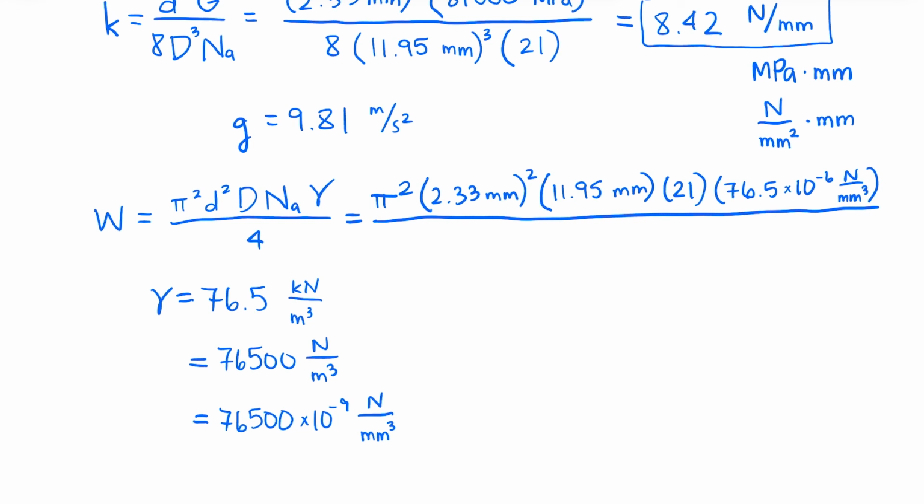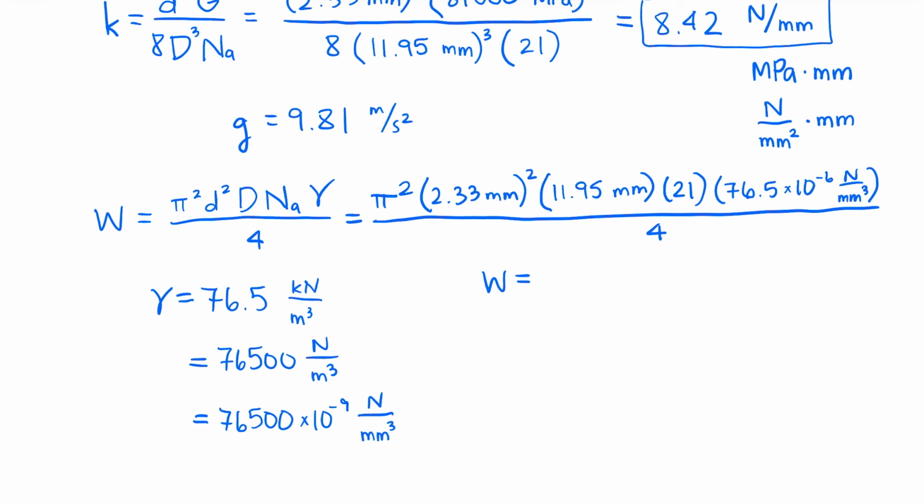And all of this divided by 4. Okay, so you can see now why I converted these units to newtons per millimeter cubed. I've got millimeters here, 2 millimeters here, so all of this is going to cancel, and I'm going to be left with newtons, which of course is the correct unit for weight.